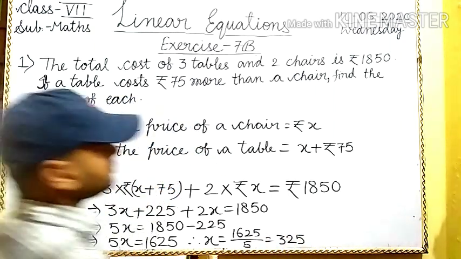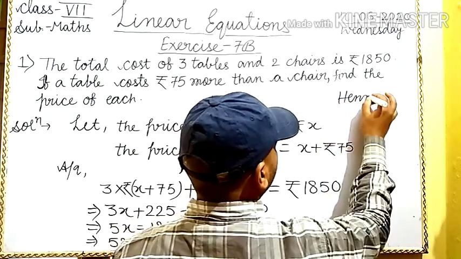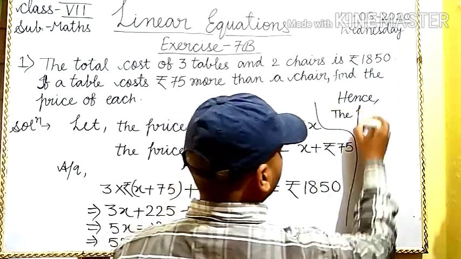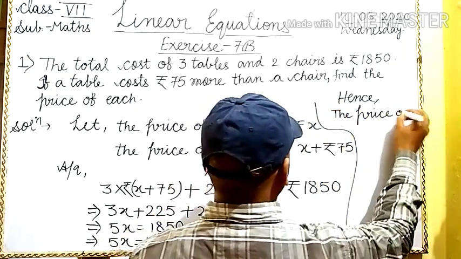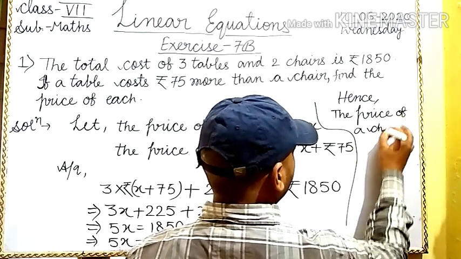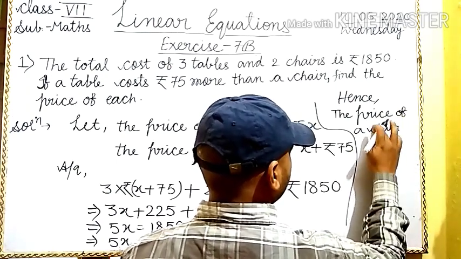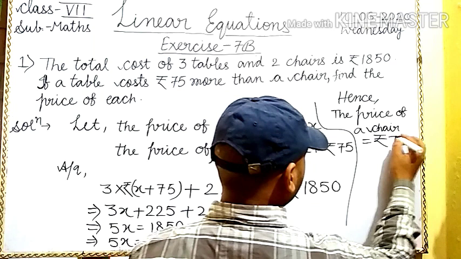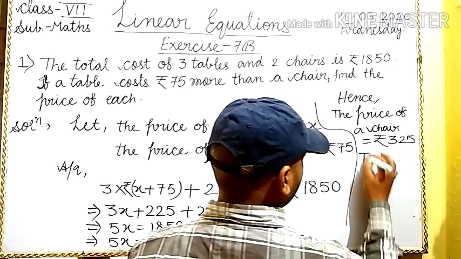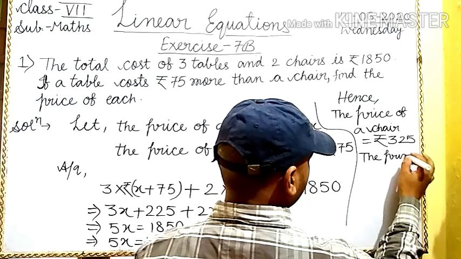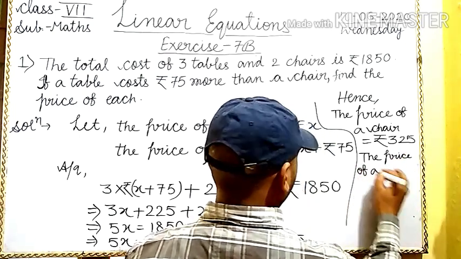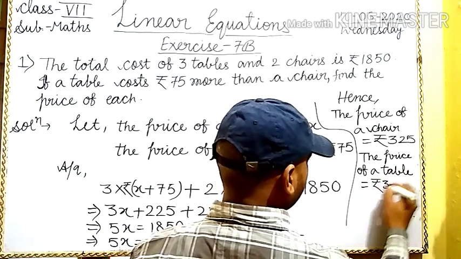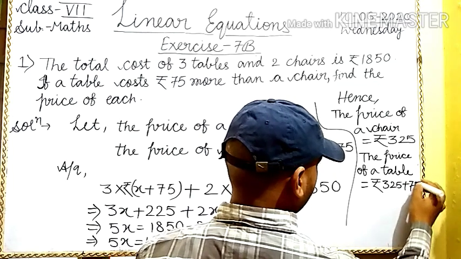Hence, the price of a chair is equal to X, which means 325 rupees, and next the price of a table is equal to 325 plus 75.